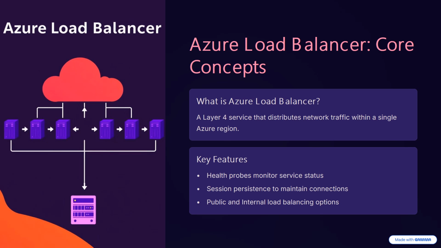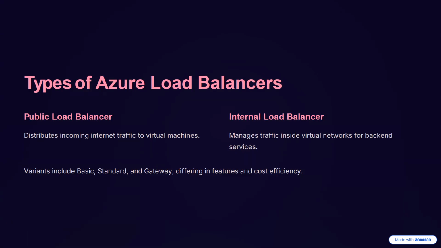In Azure Load Balancer, we have two types of load balancers based on the nature: public load balancer and internal load balancer. Suppose your traffic comes from the internet, and you don't know where exactly it comes from. If you want to distribute traffic from the public internet to the backend resources, then you are going to use a public load balancer.